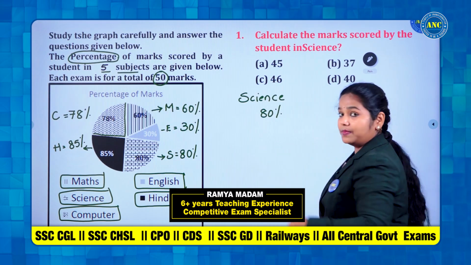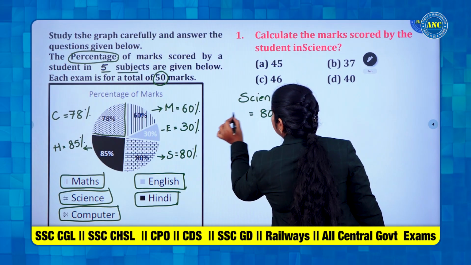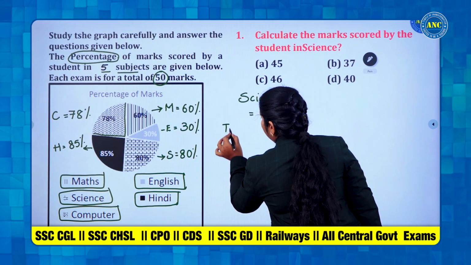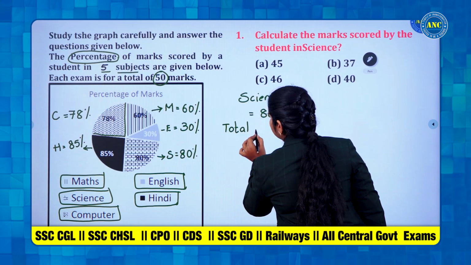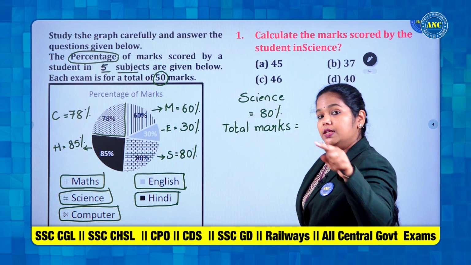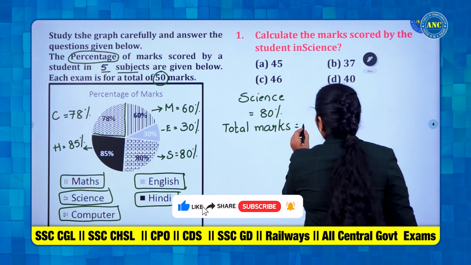Total marks for that subject. What is the total marks for that subject? This is percentage of marks the student got is 80%. Now, total marks for Science is how much? Is 50 marks, no? Each exam is a 50 marks. So, for Science also, the total marks for Science is 50.